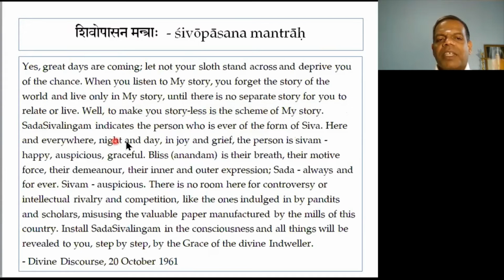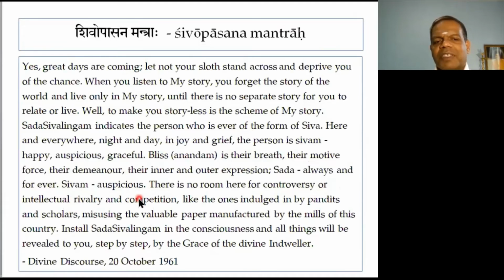Sada Shivalingam indicates the person who is ever of the form of Shiva. Here and everywhere, night and day, in joy and grief, the person is Shiva. Happy, auspicious, graceful. Bliss, Anandam, is their breath, their motive force, their demeanor, their inner and outer expression. Sada means always and forever.